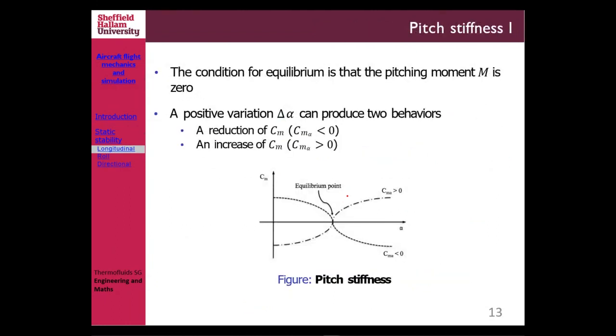Okay, right. So now there is a notation or definition of pitch stiffness. Basically, pitch stiffness looks into how good the static longitudinal stability of your aircraft is. Now we agree that Cm alpha, in order to be stable, has to be negative, right? So if you draw your Cm alpha curve, it is always like that.